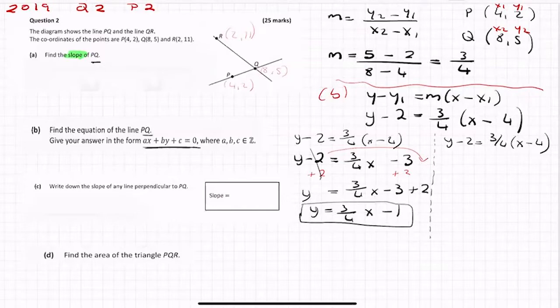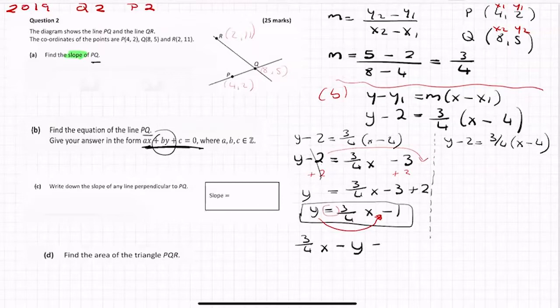I don't have it in this form yet, so let's do that. So they want the x's first. So let's put down 3/4 x. Then they want the y's. Well, the y is on the other side, so I'm going to bring it around into here. And when it crosses over the equals sign, it changes sign. So it's minus y.